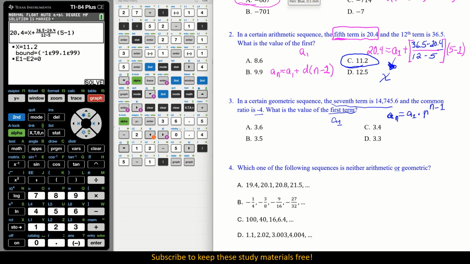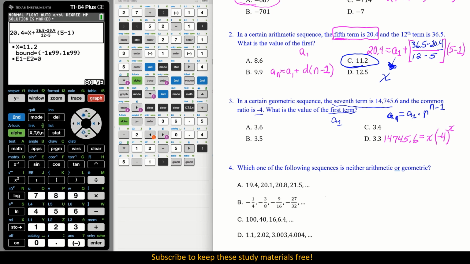But we're not going to put that in our calculator. We're in function mode, so we're going to use the numeric solver. Okay, so our answer that we had, let me go with another color. We need to put in 14745.6, equals x, and then I'm going to use parentheses minus 4 to x.